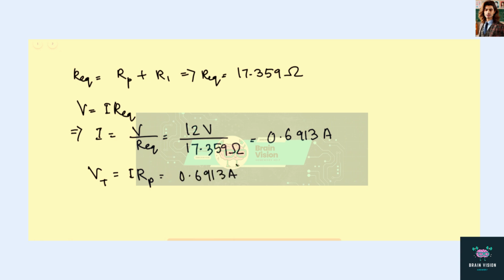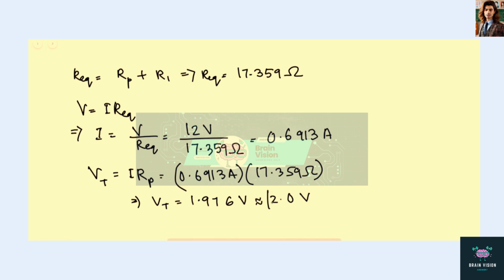So let's solve for that in order to find the terminal voltage, and that comes out to be equal to 1.976 volts, or approximately we can say that to be equal to 2 volts.